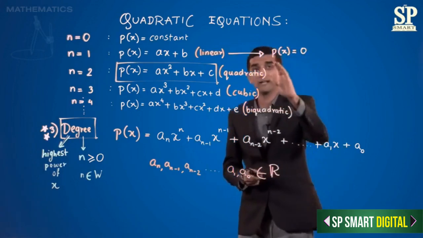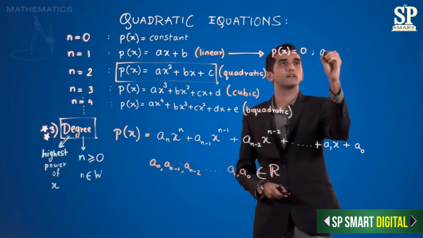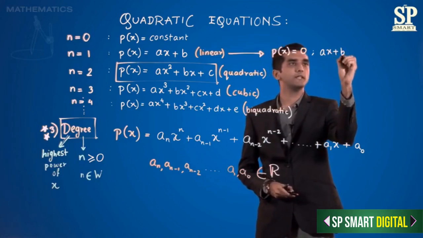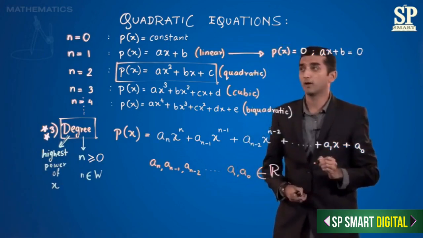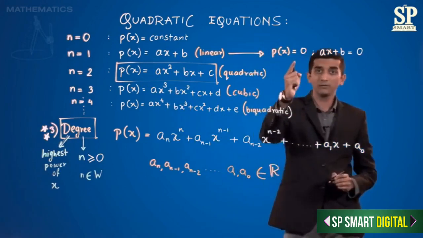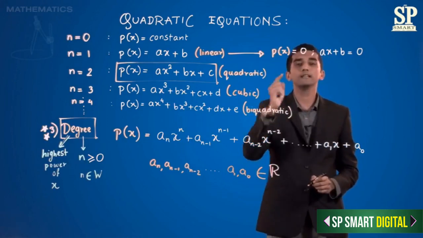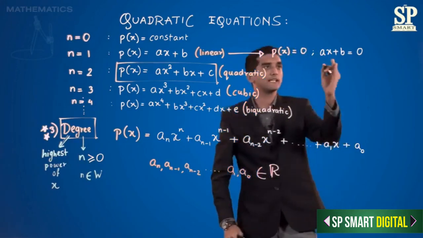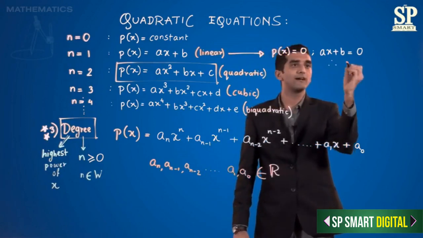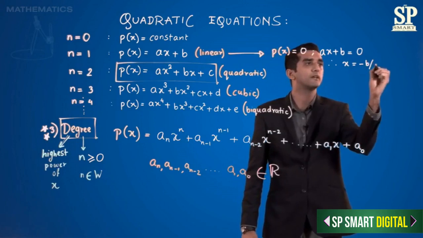So now when I say p(x) is equal to 0, it indeed becomes ax plus b is equal to 0. Why is that? Because p(x) is equal to ax plus b and we are trying to find out the roots for this particular equation, p(x) is equal to 0. So ax plus b is equal to 0 will have the root as x is equal to minus b upon a.